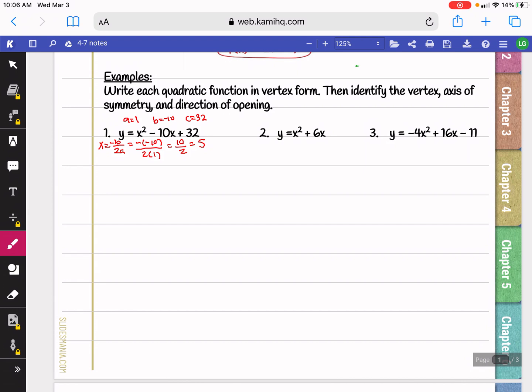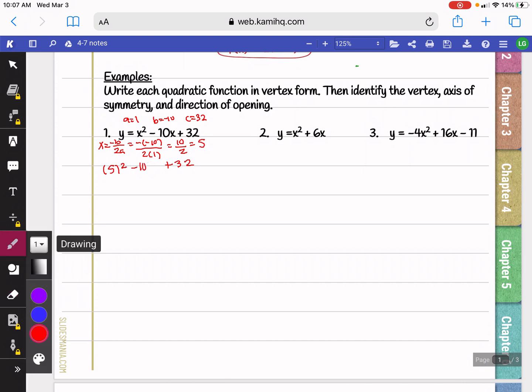Now I'm going to plug that in everywhere I see an x. Here, 5 squared is 25. If I work this out, I'm going to end up getting 7 for my y value.